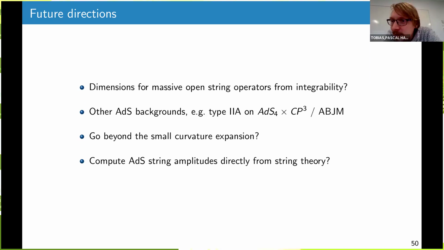Do you have any ideas? So somehow you need the flat space result in order to get the AdS result. A lot of your analysis seems to be independent of the string worldsheet as such, right? You use some motivation from the string worldsheet, but you didn't really use a worldsheet calculation directly on AdS. Yeah, but we kind of guess the worldsheet answer.